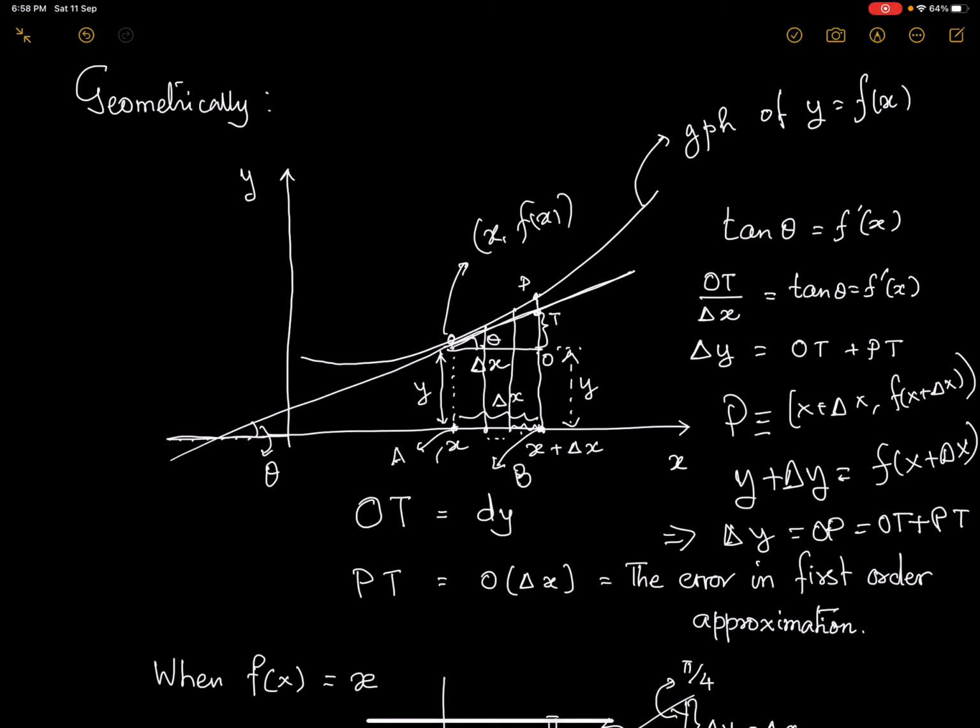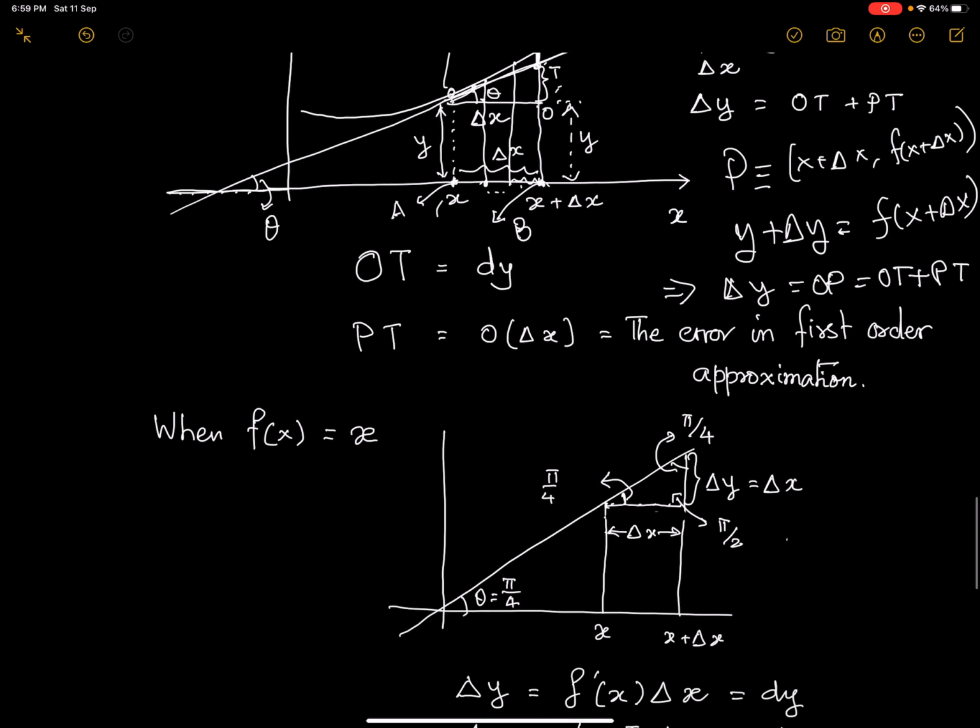But observe that this difference, o of delta x, has actually decreased much faster than del x has decreased and come towards x. It is going much faster towards 0. That's the meaning. So that is o of delta x, and this part, OT, is your dy. So that's the geometrical meaning of the differential.